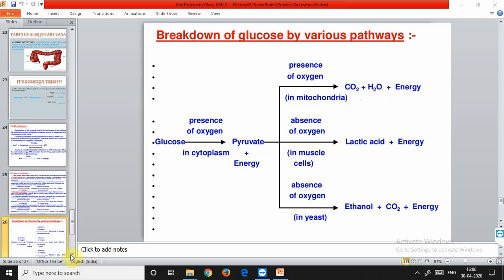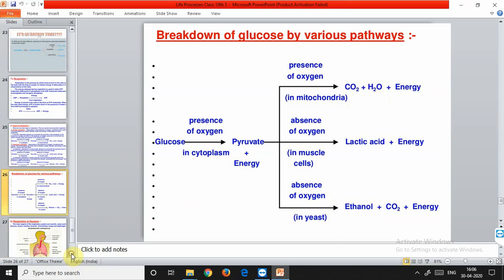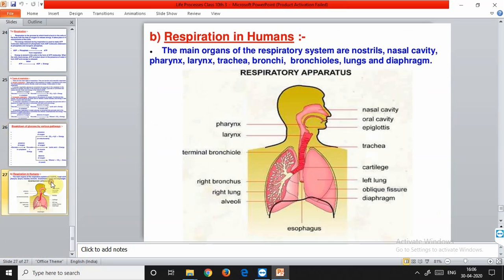So this is the basic pathway by which, at different sites, because of the presence and absence of oxygen, different substrates are produced and a different type of respiration occurs, that is catabolism and anabolism.